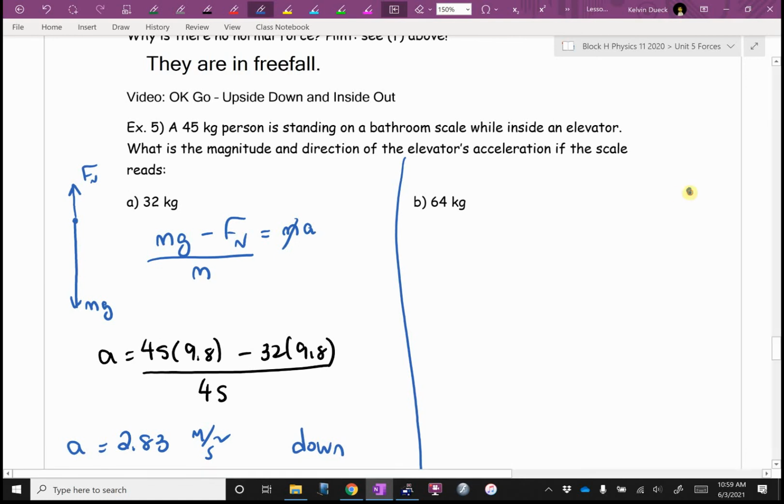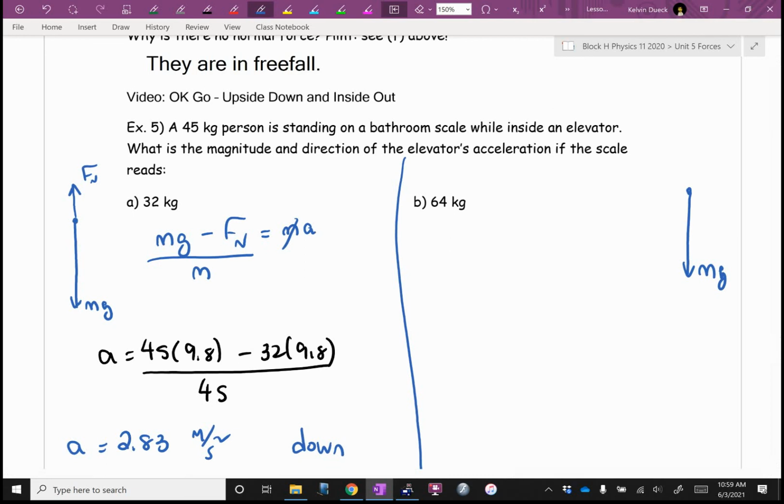Good. What else? There has to be. If there was no normal force, what would the scale read exactly as a number? 0. It doesn't. Is this person feeling heavier or lighter?